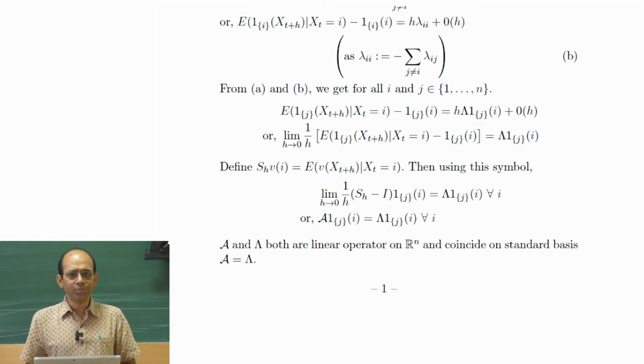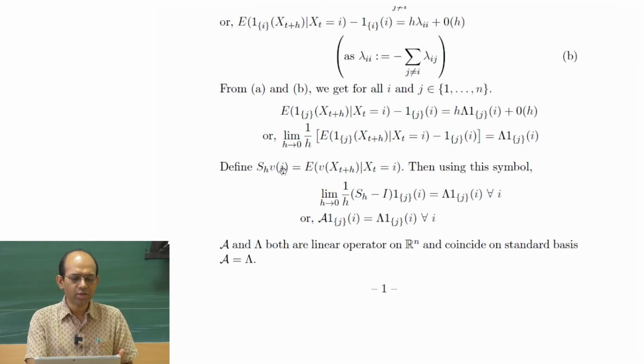Is it a semigroup? You can take that as an easy exercise: just by using the tower property and conditioning, you can see that it satisfies all the properties. S_0 v is equal to v is immediate: when you put h equal to 0, that means the expectation of v of X_t given X_t equal to i, which is nothing but v of i.